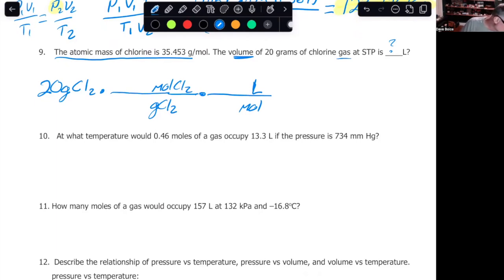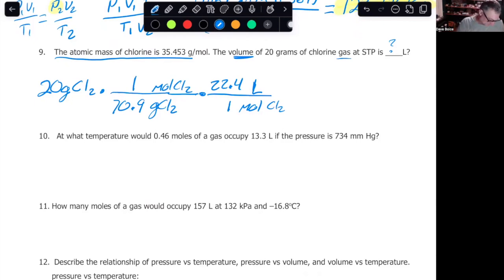35.453 times 2 is going to be 70.9 for 1 mole, and 1 mole of Cl2 or gas or anything is going to be 22.4 liters. So if I have 20 grams and each mole weighs 70 grams, I've got about a third of a mole or so.